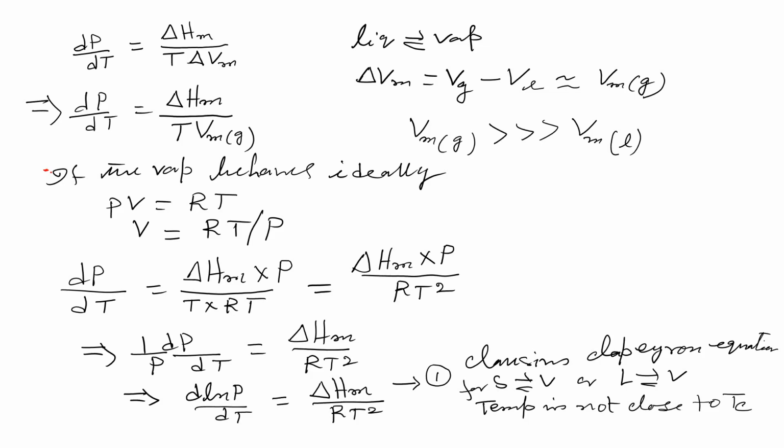Now, we'll derive the integrated form of the Clausius-Clapeyron equation. So what is my equation? My equation is d ln P by dT is equal to delta Hm by RT square.